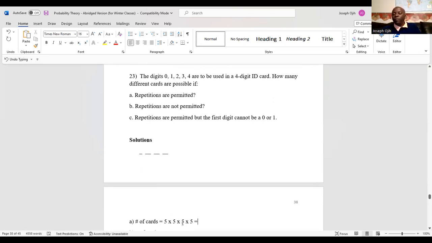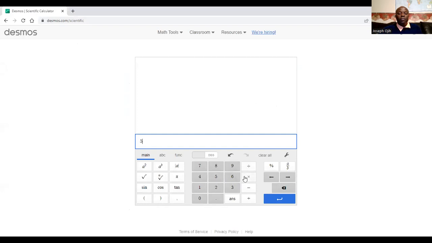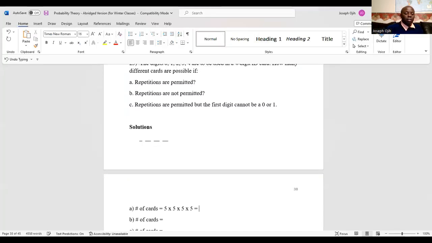You stop after the 4th multiplication because you have only 4 slots. So 5 times 5 times 5 times 5 gives 625 ID cards.